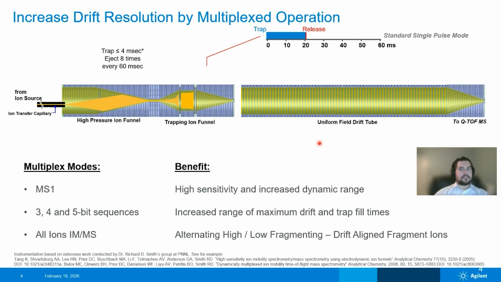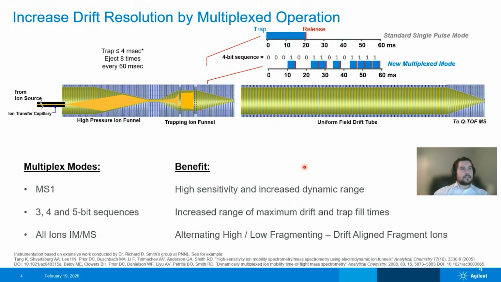We can operate in a different mode, which increases the dynamic range and sensitivity, because of the duty cycle. In this regime, we're trapping for essentially two thirds of the time, so 20 milliseconds over 60 milliseconds.